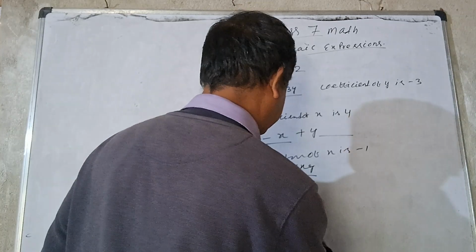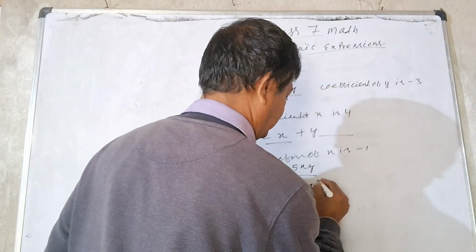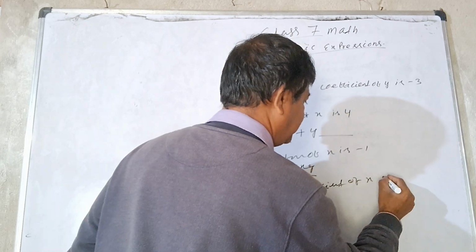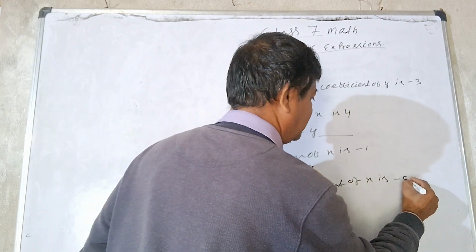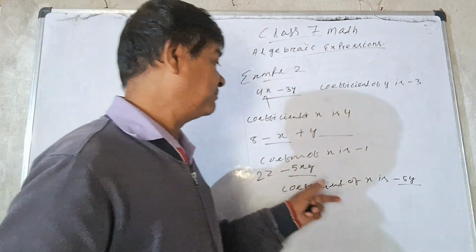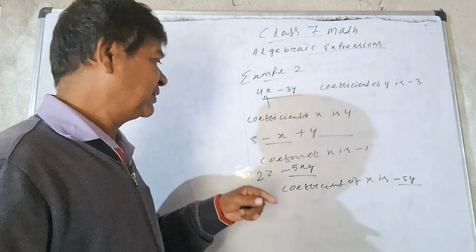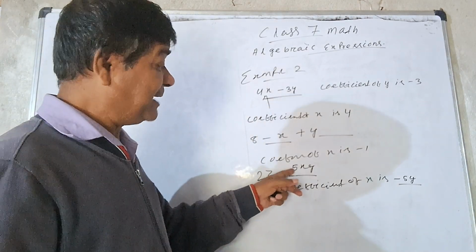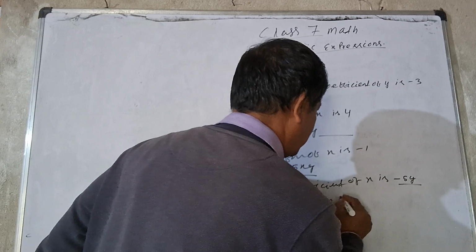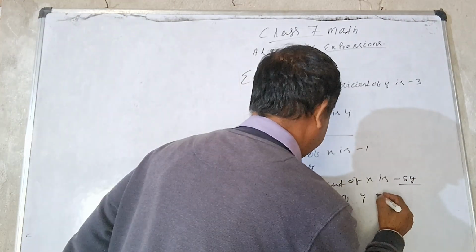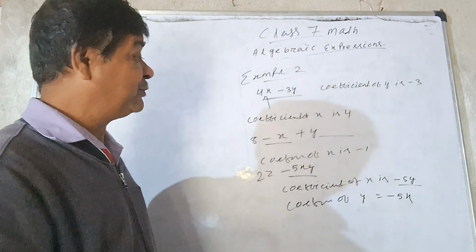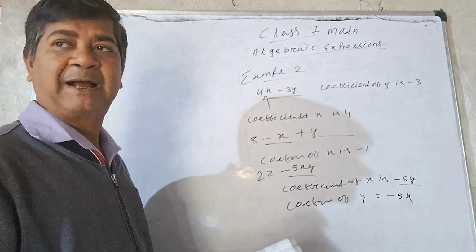Coefficient of x is minus 5y. Minus 5y is the coefficient of x in minus 5xy. Similarly, the coefficient of y is minus 5x. In this way you will be able to find the coefficients.